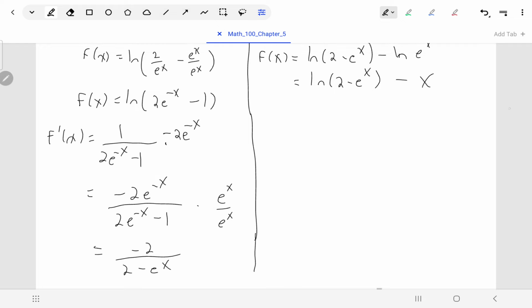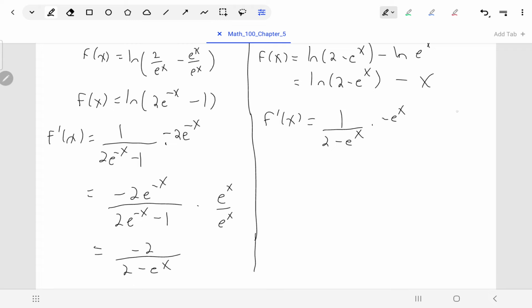If you had used the second version of simplification, if we had f of x written like this, if we took our derivative, we'd see that for natural log of 2 minus e to the x, we'd have 1 over 2 minus e to the x, and the derivative of the inside, derivative of 2 is nothing. The derivative of minus e to the x is minus e to the x.